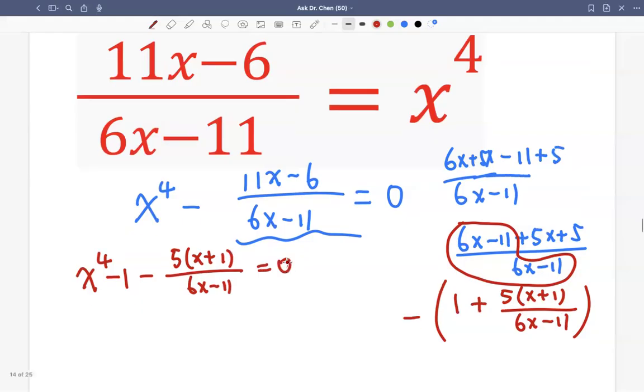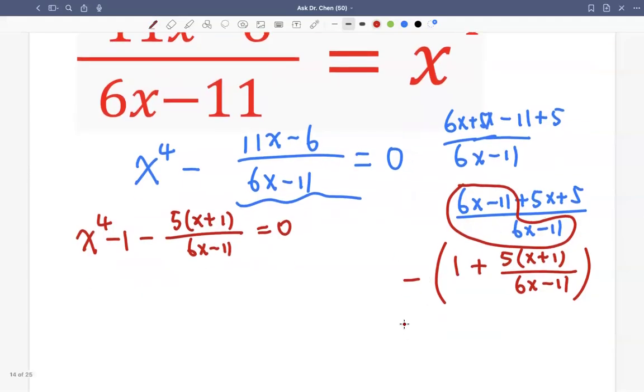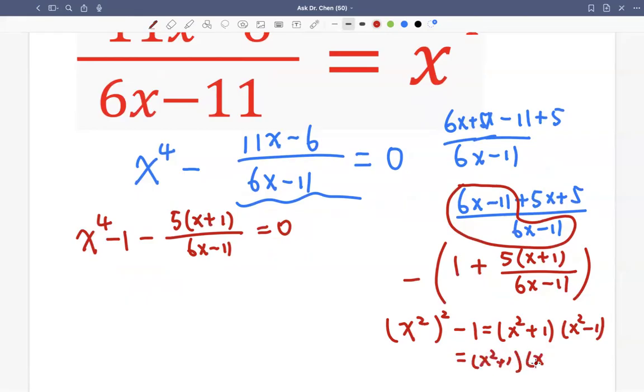Okay, x raised to 4 minus 1, we can think of as x squared minus 1 squared, a difference of two squares. We can factor as x squared plus 1 times x squared minus 1. Then x squared minus 1, we can factor as a difference of two squares again. Now we see a common factor pop up, x plus 1.